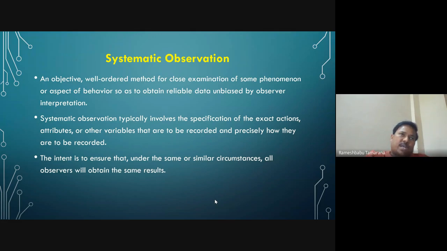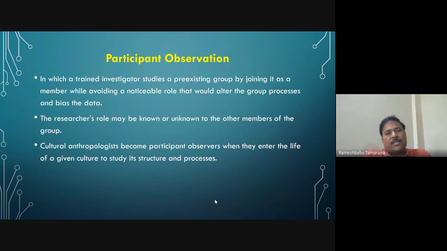Whether I observe or you observe the same behavior, if the behavior is there in the environment, even if five people go and observe it independently, still all five would be able to gather the same information, because we all have an objective, well-ordered method of observation. It is very different from naturalistic observation, where our observations could be biased.